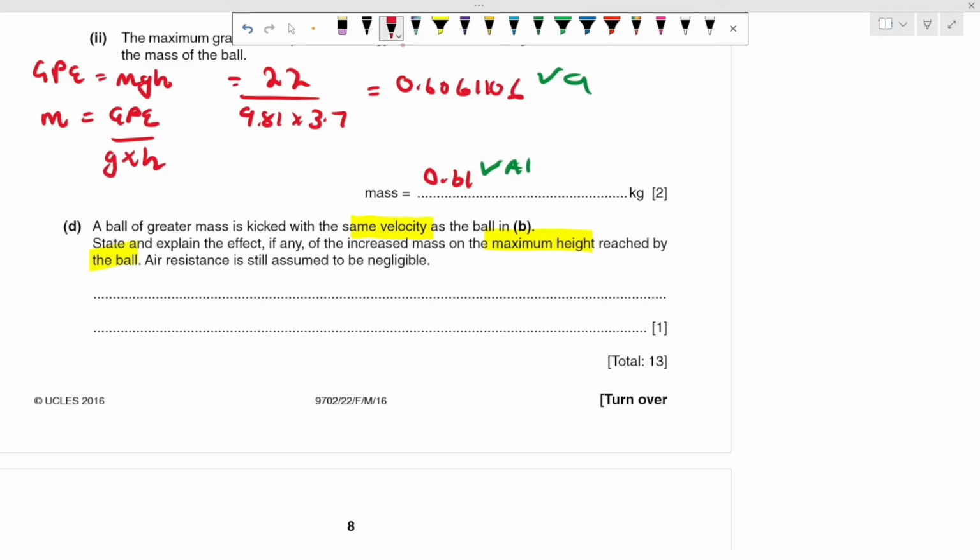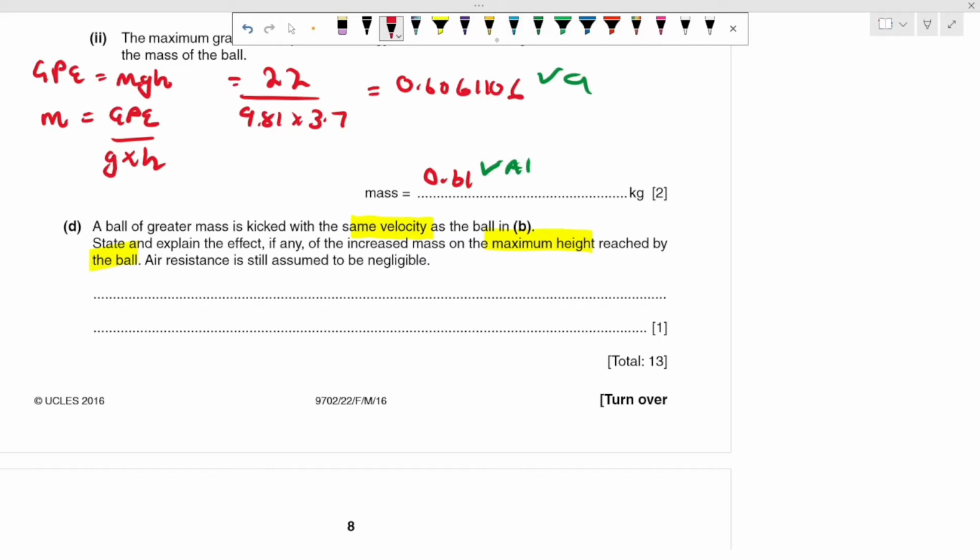The acceleration of free fall does not depend on mass, so if you're kicking it with the same velocity, the acceleration is going to be the same, which means the height you reach is not going to change.